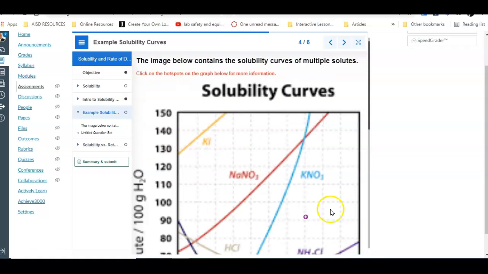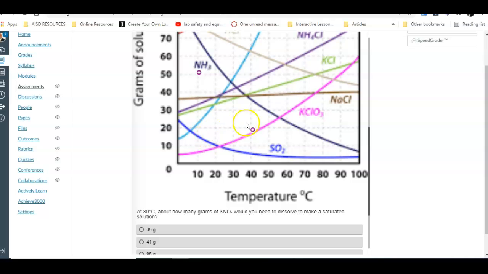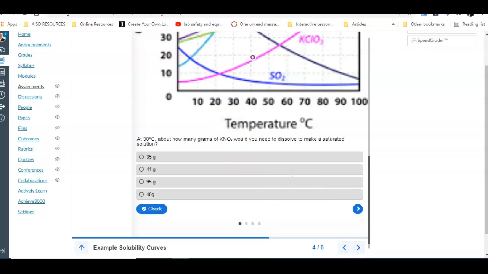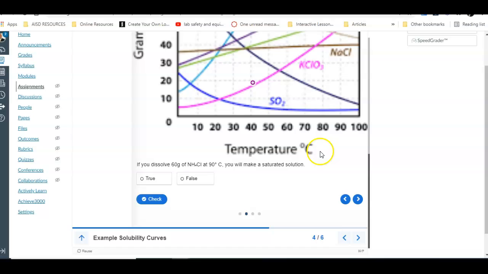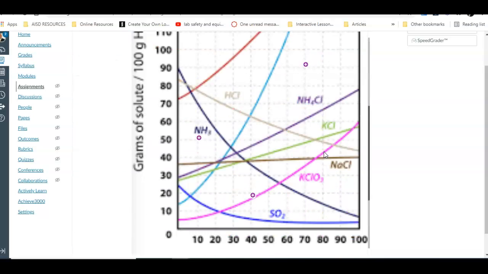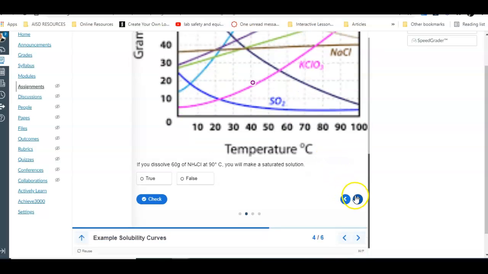Then the next one is the activity on solubility curves. So you click on each of these hotspots to give you some additional explanation. Okay, and then you try to answer these 4 questions here. And then here you still have an assessment of the solubility curve.